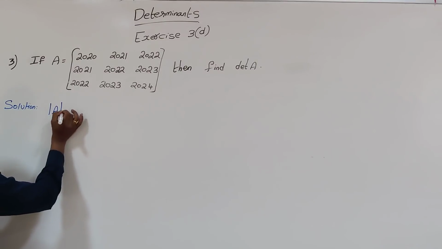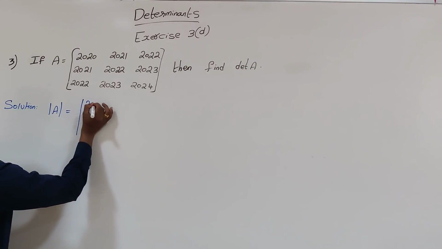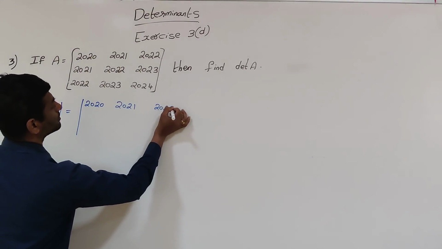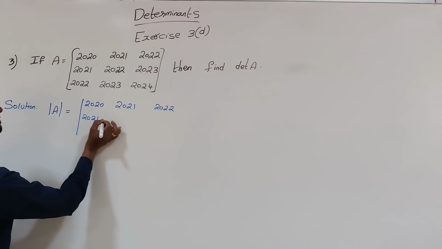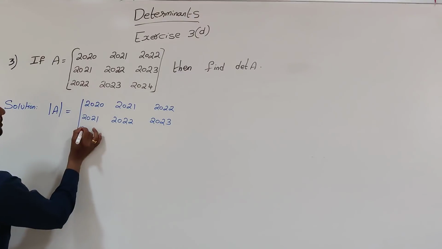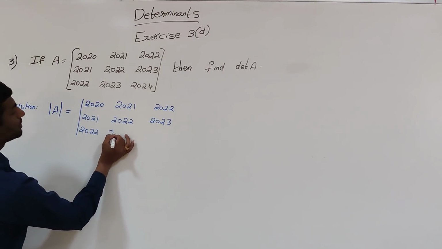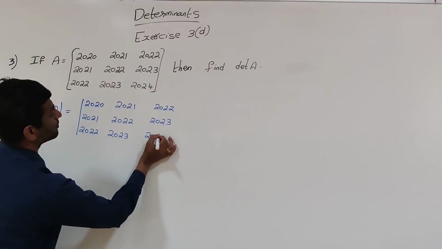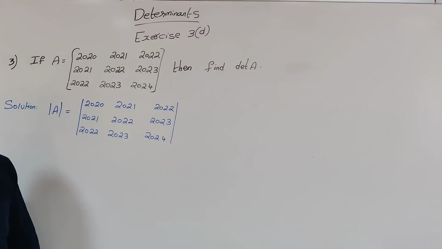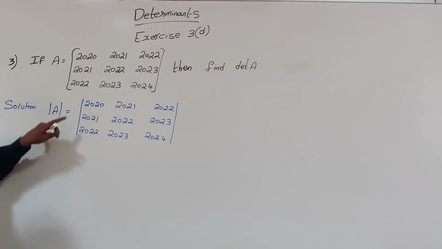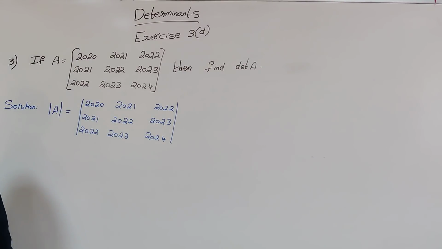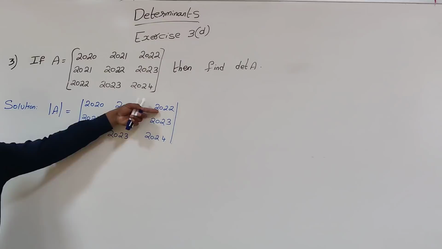So the determinant of A is equal to the determinant of 2020, 2021, 2022, 2021, 2022, 2023, 2022, 2023, 2024. As these are all consecutive numbers, now see the first row elements and second row elements: the difference is only 1.